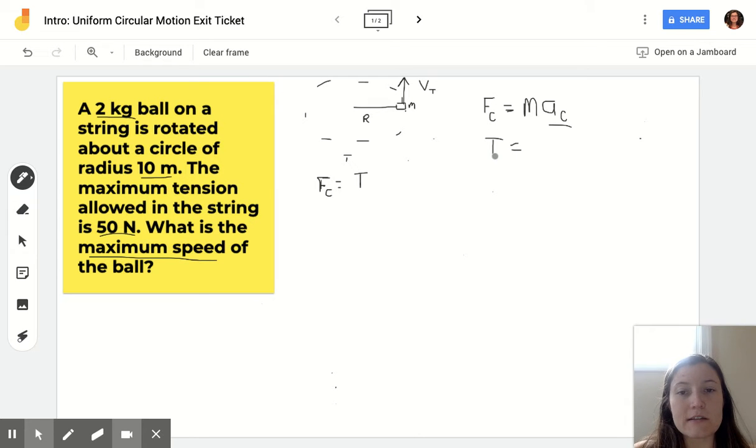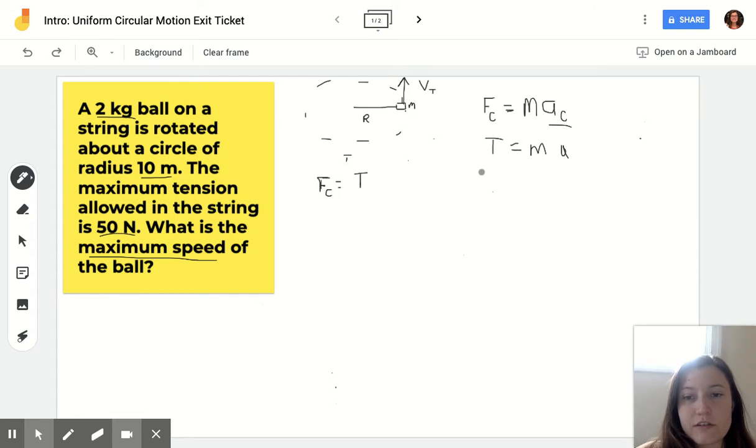So F sub c is going to be equal to the tension. The mass of the object we know is 2 kilograms. And the acceleration, we don't know what the acceleration is, so we're going to need to solve for that. We know our maximum tension can be 50 newtons.